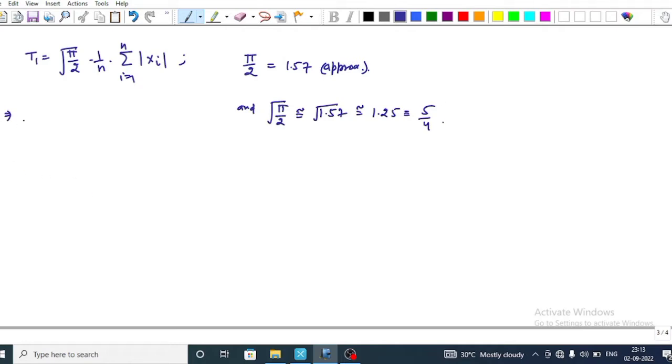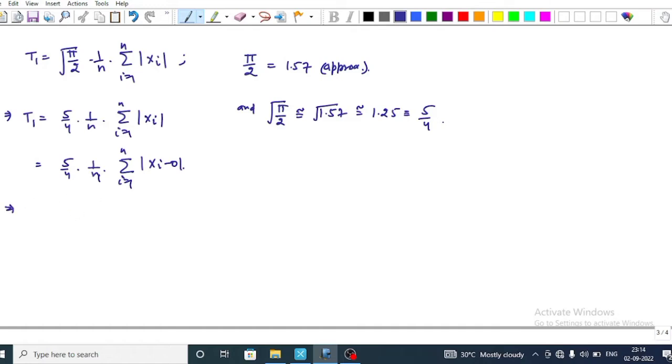Now this implies that T1 equals to 5 upon 4 into 1 upon n summation i equals 1 to n mod of xi, which can also be written as 5 upon 4 into 1 upon n summation i equals 1 to n mod of xi minus 0.